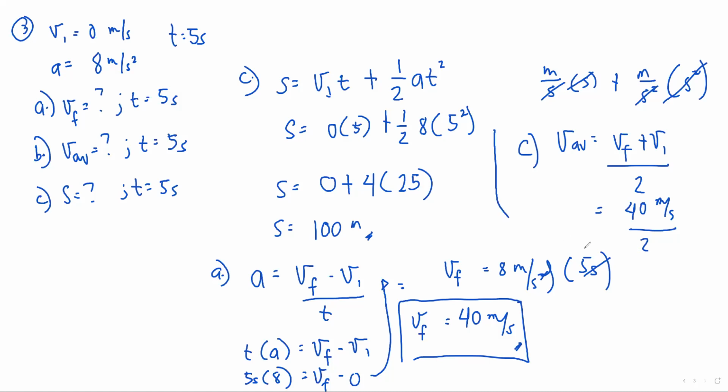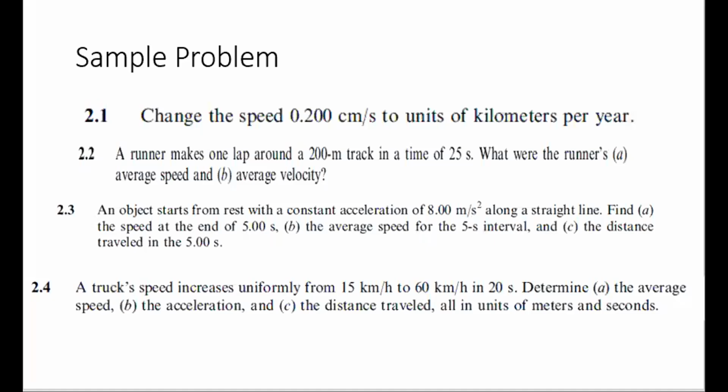So, average velocity is equals to 20 meter per second. Okay, ba't ito? B pala yan. Okay, so that's our problem number 3. And, okay, so proceed tayo for our last problem.